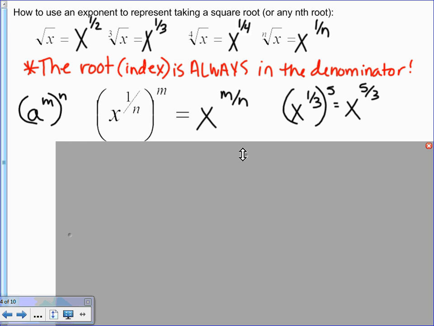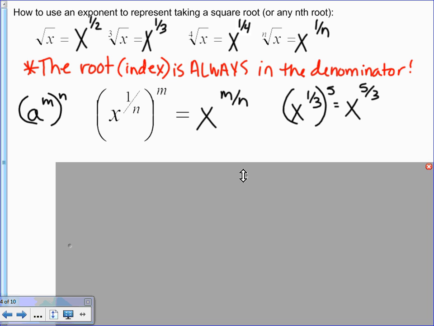Okay, using my properties of exponents. So the properties of exponents from yesterday apply to everything with a fraction exponent as well. So don't let the fractions throw you off and immediately think about quotients. They're actually just exponents.